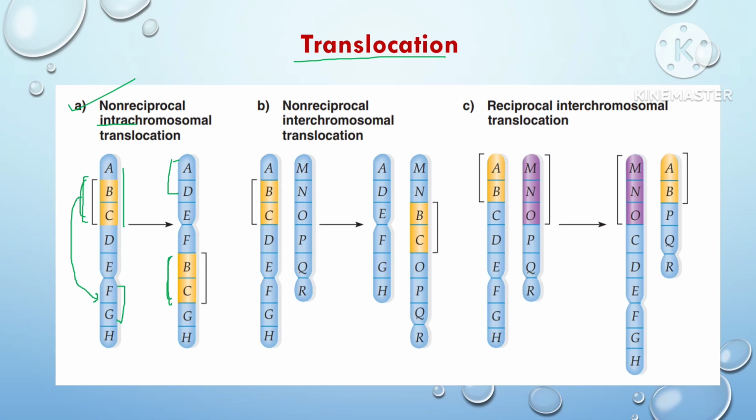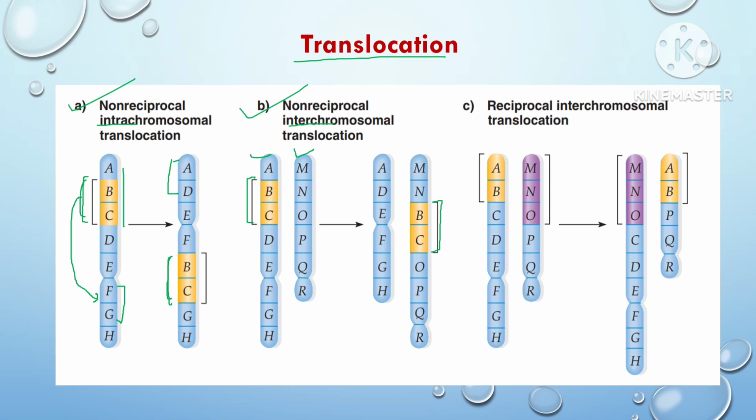So coming now to the non-reciprocal interchromosomal translocation. Inter means between the chromosomes. So you can see here chromosome 1 and 2. This BC segment is transferred from this chromosome to this chromosome. So the BC segment was present between A and D. Now this BC segment is present between the N and O from the other chromosome.